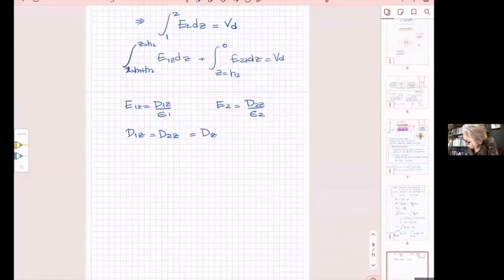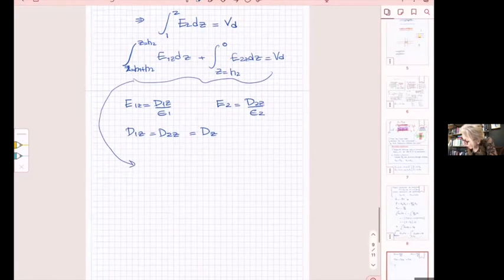And then I have from the above that this one gives me, what do I have? Minus, in fact, because the electric field goes in the positive direction.